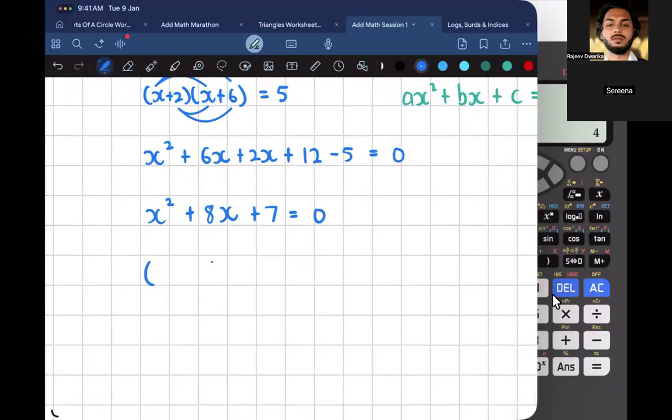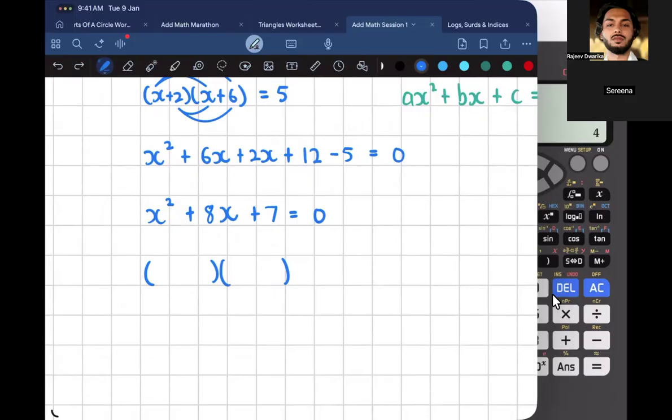To factorize a simple trinomial, tri means three, and you have three terms. So this is an example of a trinomial. It's a quadratic, but you could also call it a trinomial. The coefficient of x squared is 1, so we call it a simple trinomial. And this is very easy to factorize.